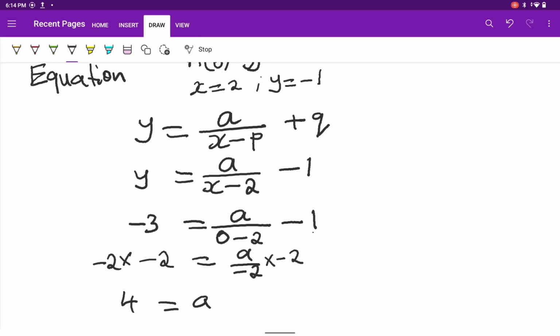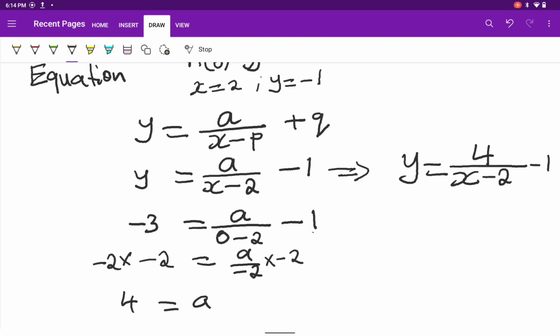So now when we have a to be 4, we can substitute it into the equation. So we have our equation as y equals 4 over x minus 2, and then -1. So that becomes our equation.